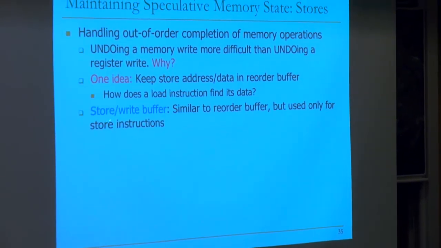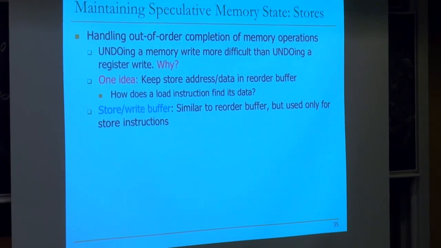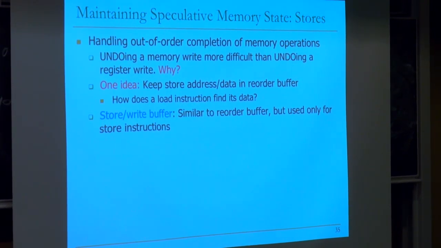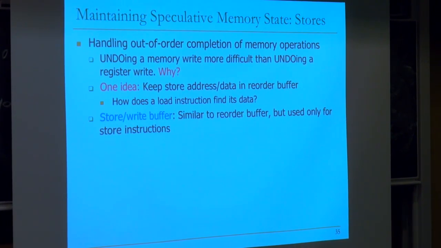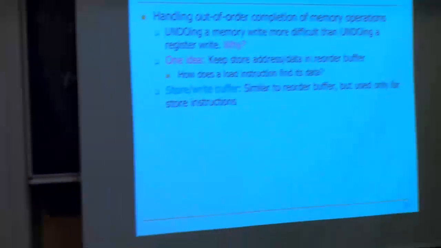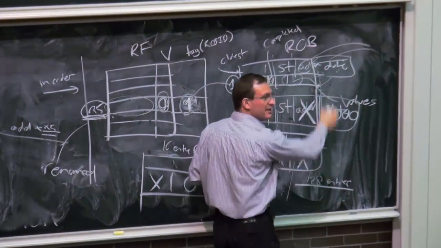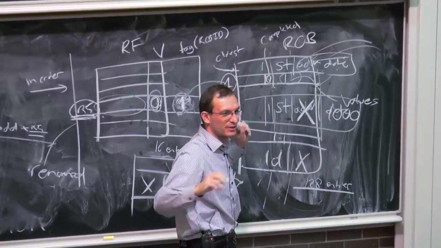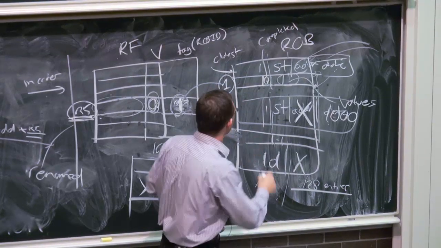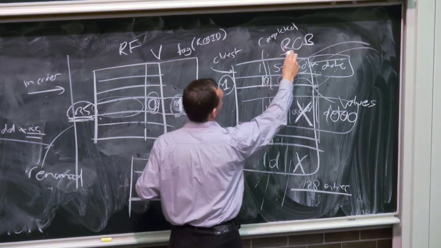But OK. So existing processors actually use store or write buffers. These are similar to the reorder buffer, but used only for store instructions. Why? Because if you store address and data with every single entry in the reorder buffer, that becomes a huge reorder buffer. So existing processors decouple the reorder buffer from the store buffer.